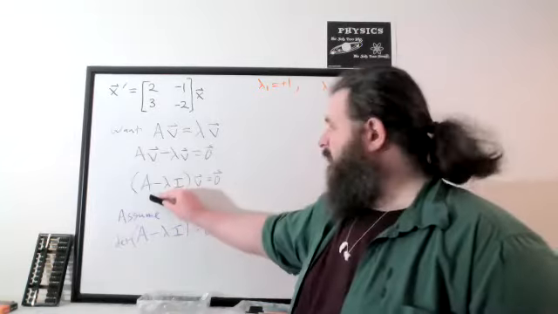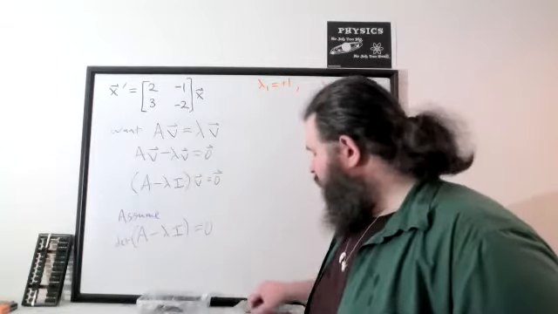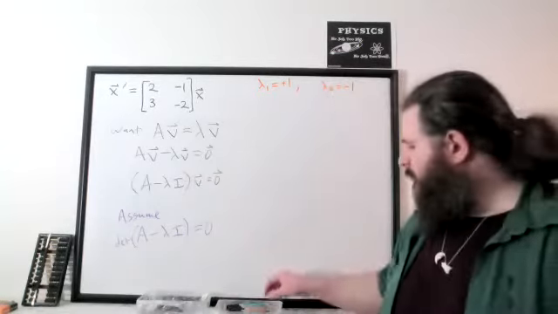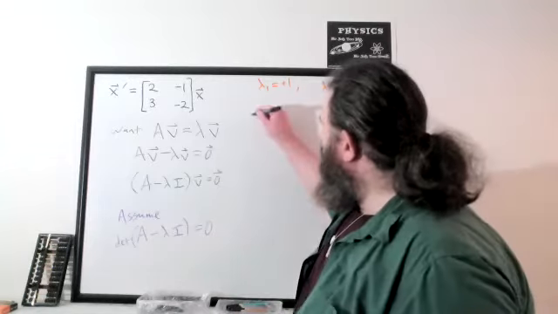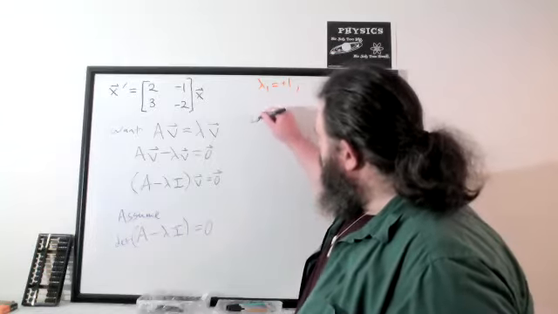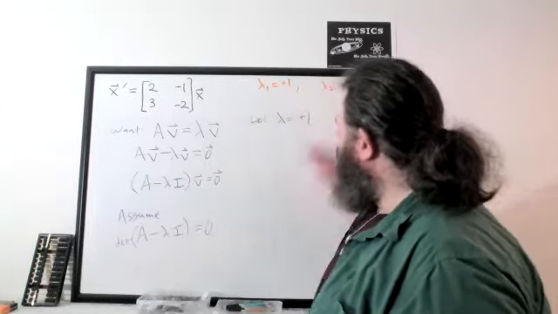We were assuming that A minus lambda I times V equals 0. We now have values for lambda. So if we plug those in, let's say lambda equals +1.